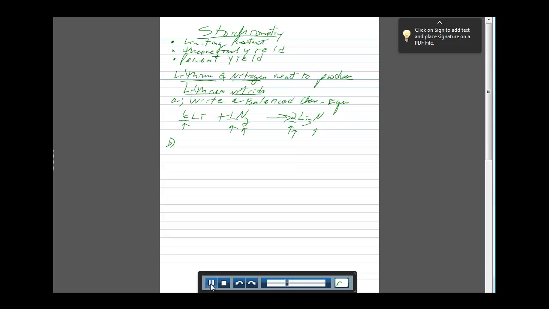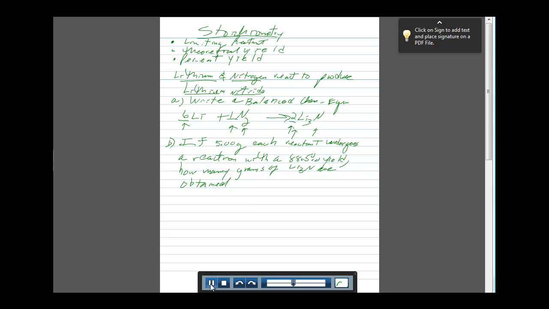Now, the second question is, if 5.00 grams of each reactant undergoes a reaction with a 88.5% yield, how many grams of Li3N are obtained from the reaction?